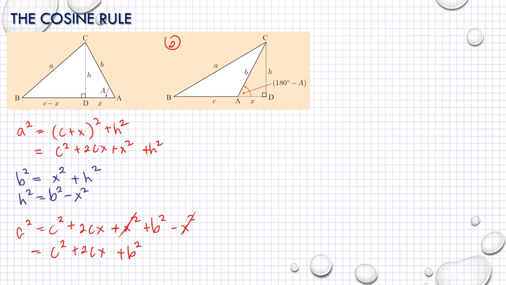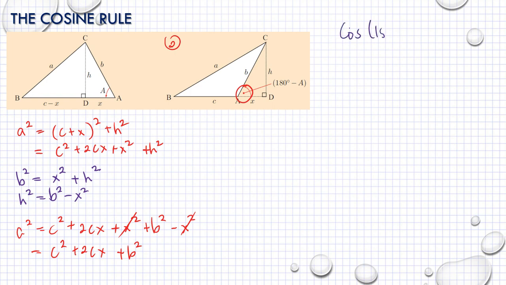I don't need X, that's why I need to find the value of X using this angle. So we have cosine, because it's this adjacent side.